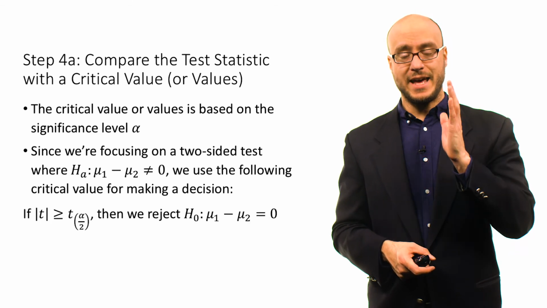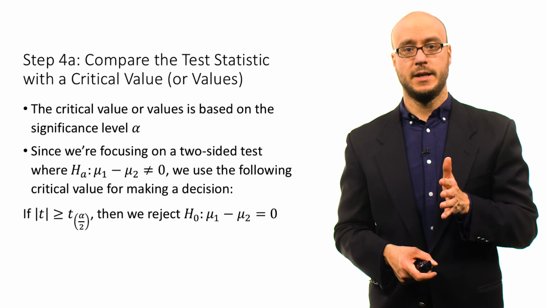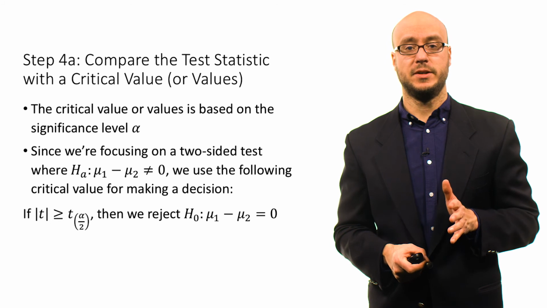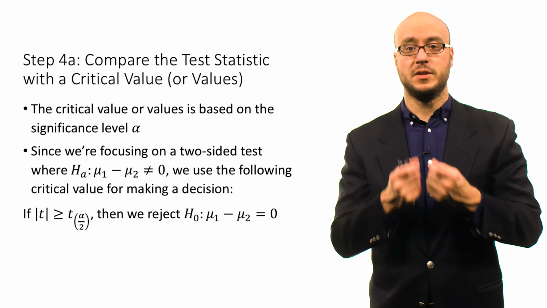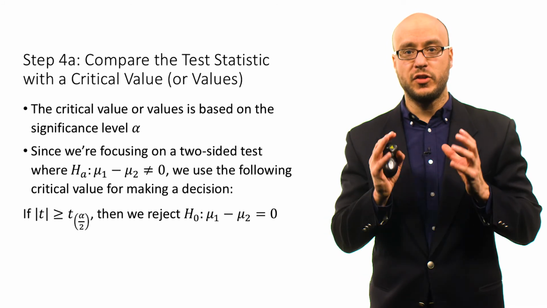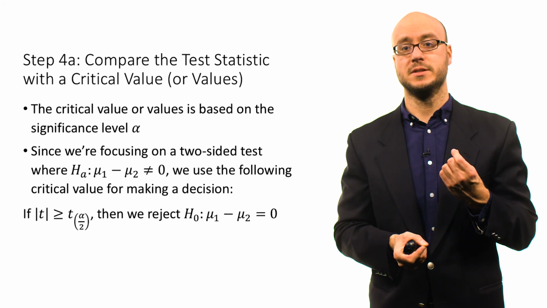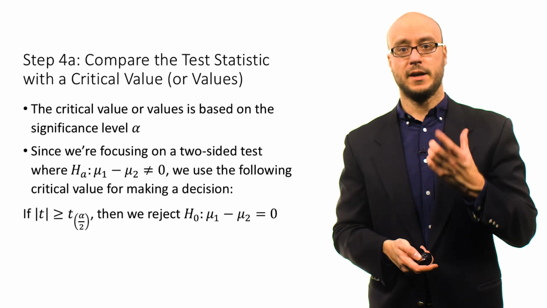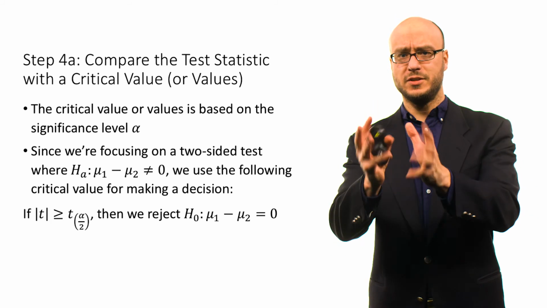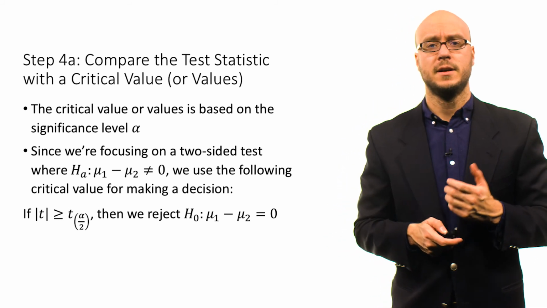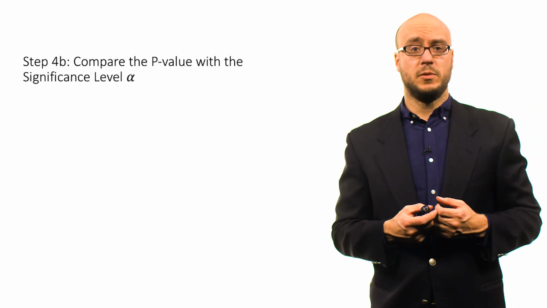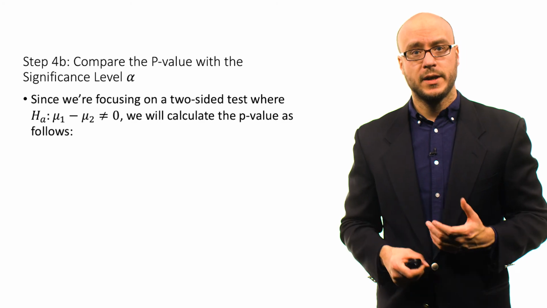We're going to say if the absolute value of that test statistic is greater than or equal to t alpha/2, which is derived from the t-distribution, then we're going to reject the null that the difference of two population means equals 0. Again, this t alpha/2, we're going to use statistical software to find that. But intuitively, it's the same as what we've been doing so far.